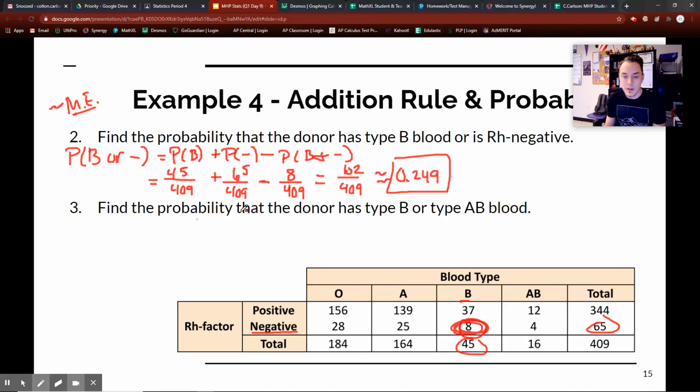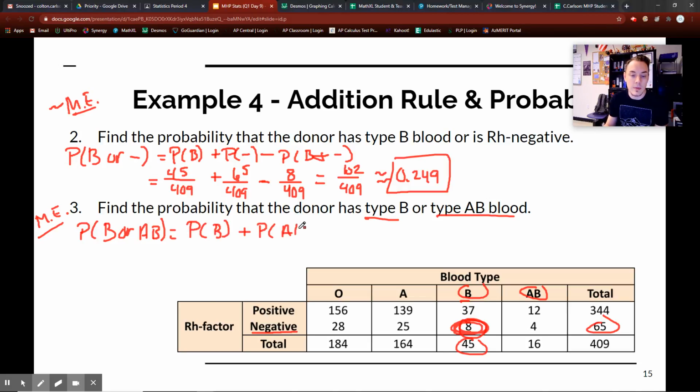Let's go to the next one, the probability that the donor has a type B or type AB blood. Since B has nothing to do with AB, this is just mutually exclusive. So the probability of B or AB blood is the probability of B plus the probability of AB.